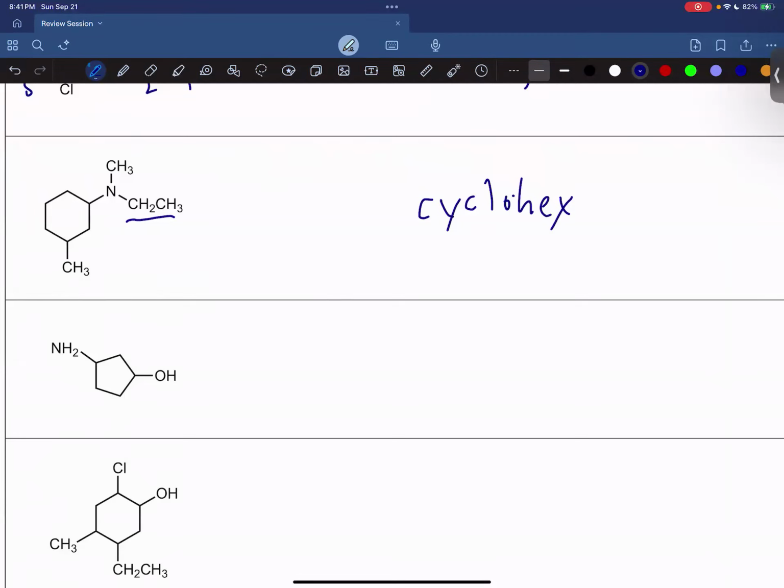So we have an N-ethyl, then an N,3-dimethyl group. Sorry about that. I did not anticipate the space I would need. And then finally, we have a cyclohexan-1-amine.